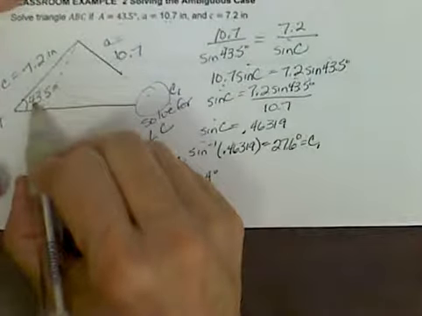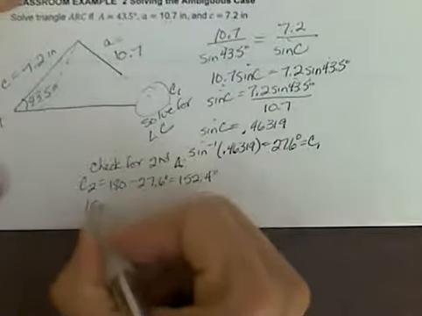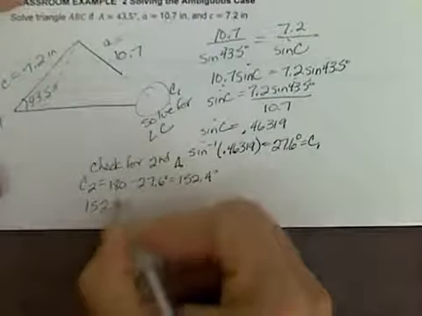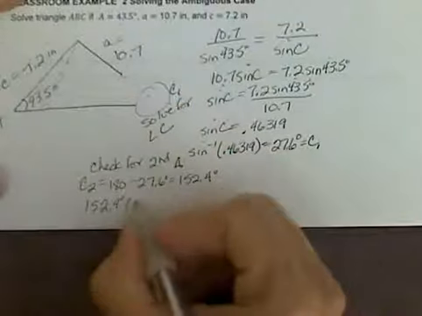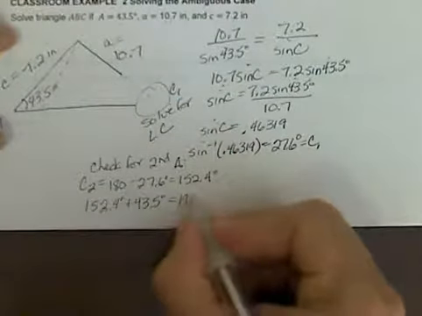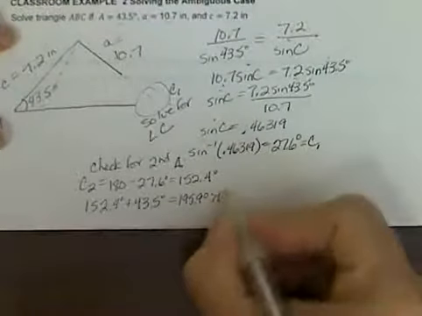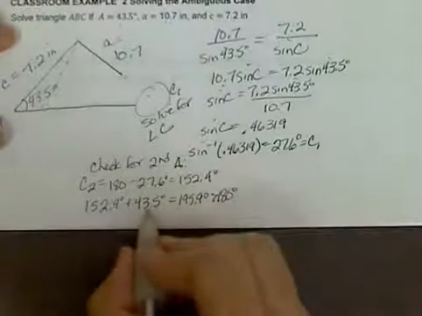If my C2 and my A add up to more than 180 degrees, then I can't get a triangle that way. So what I want to do now is add up my C2 and my angle A. That actually adds up to 195.9 degrees. That's greater than 180 degrees, so I can't get a triangle there.